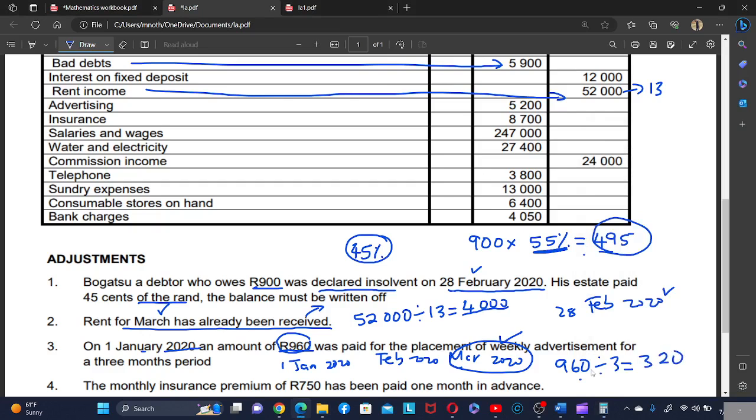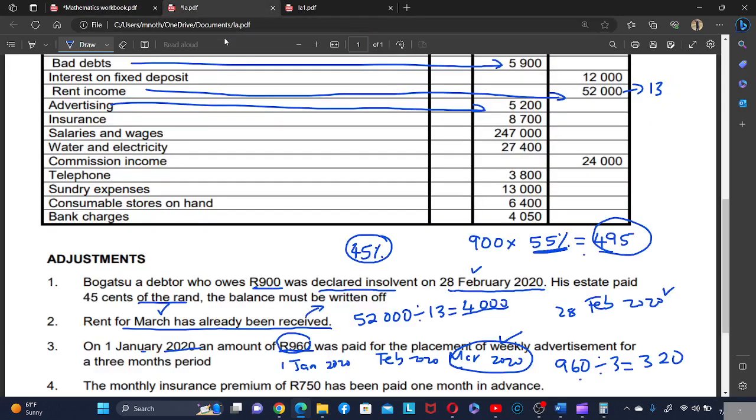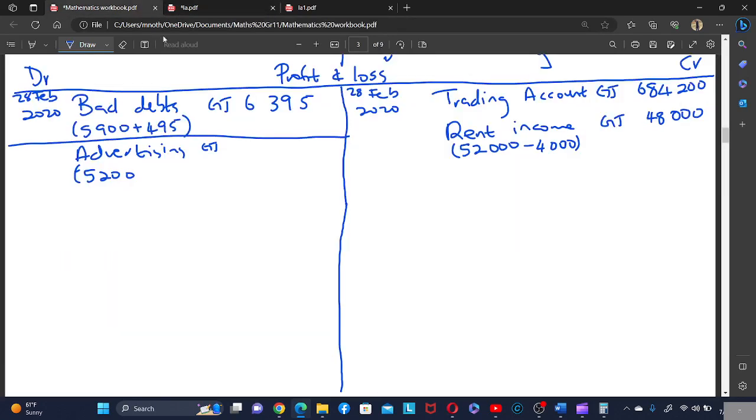Okay, so here's the advertising, 5,200. So what must we do? We must go to the advertising and subtract the 320 because it does not belong in our financial year.